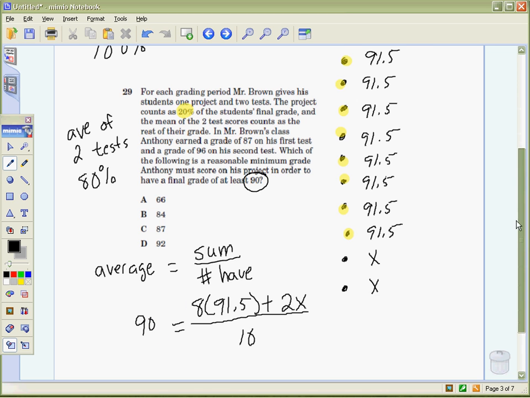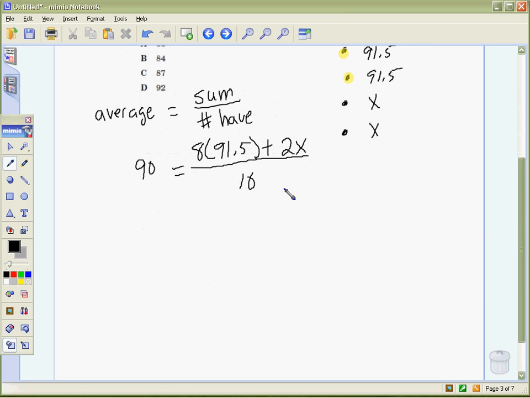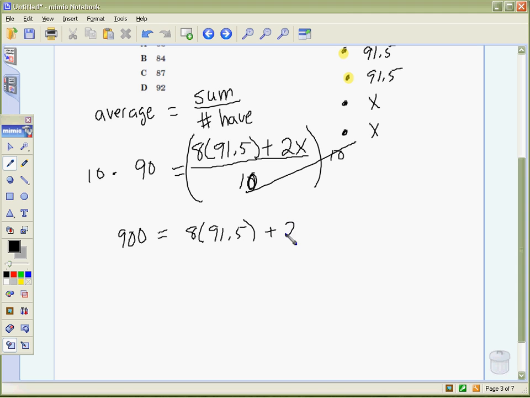So now we just have an algebraic equation that we need to solve. The first thing I'm going to do is multiply both sides by 10 to get rid of this fraction. That goes away. Multiply this side by 10. So 900 is equal to 8 times 91.5 plus 2x.